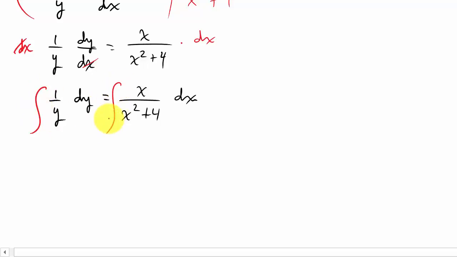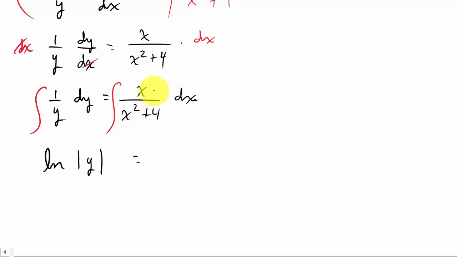Alright. So if you remember your integration rules, we have 1 over y, so we integrate the 1 over y. That's going to leave us with what? Natural log absolute value of y. Okay, and that is going to equal, now on this one, well, we're going to have to use u substitution, aren't we?